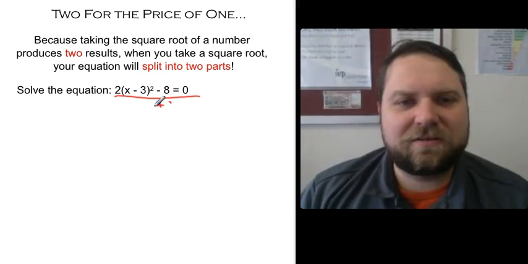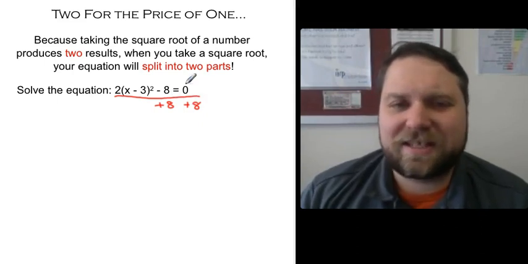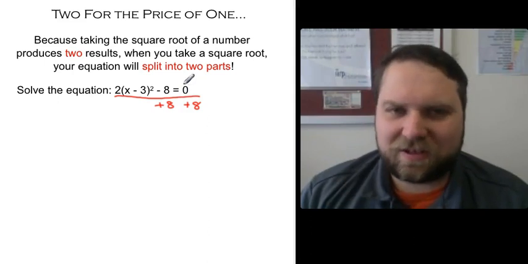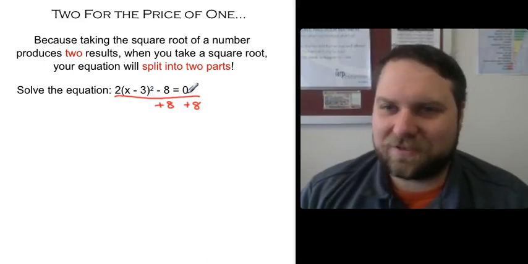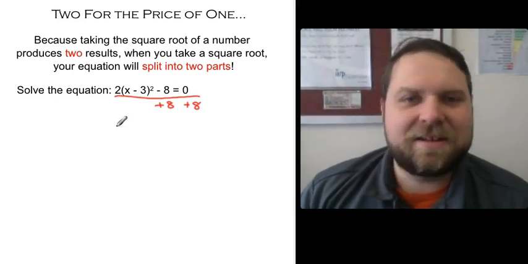The first thing I would do is undo subtracting 8 by adding 8. And I should go back here and say, notice what this is equal to. This is equal to 0. When I'm solving a quadratic, I always want it equal to 0. So don't let that slip by us unsaid.